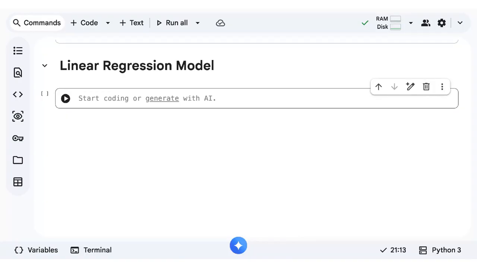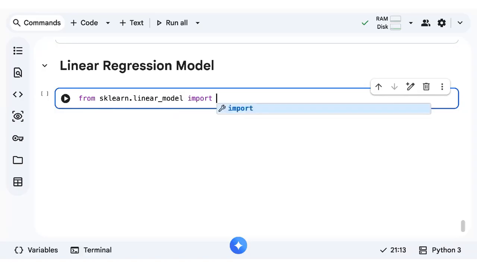Again, we learned it's going to find the best fit line by finding the best values for M and C. So it's very simple. For every machine learning algorithm, model building happens in just 4 lines of code. From sklearn, I'll take linear model, and I'm going to import my model, which is LinearRegression.